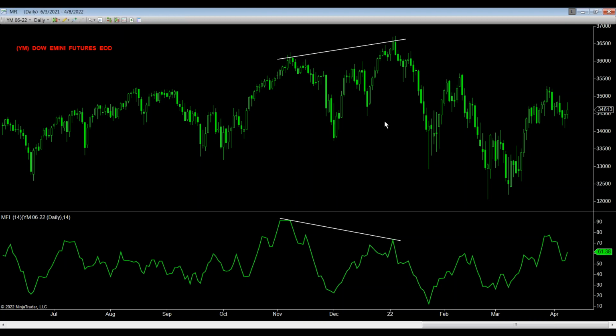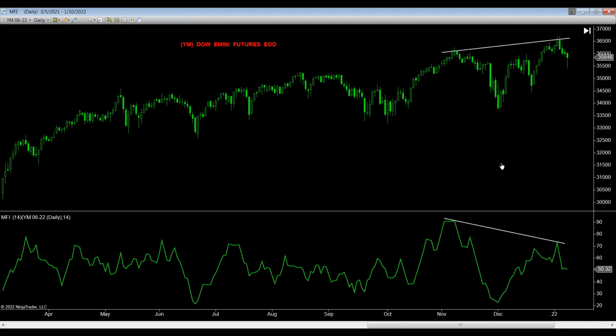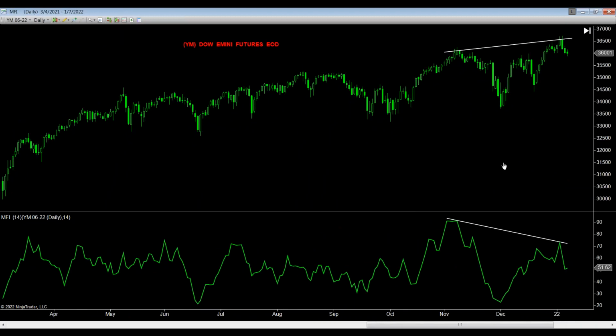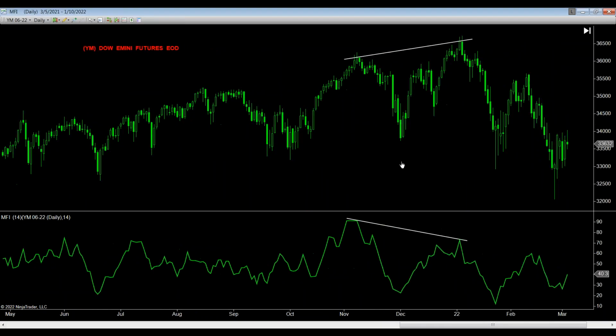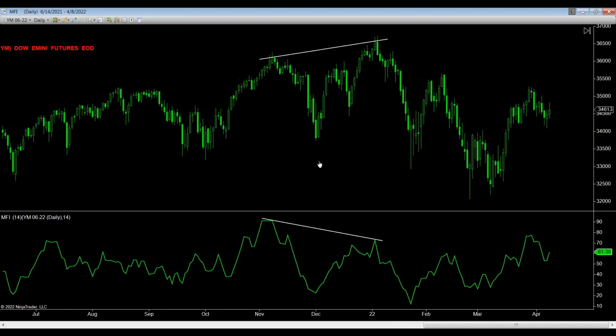So listen, now we have a very clear view of what is more than likely going to happen. Now, traders, we need to be on the right side of the market 80% of the time.